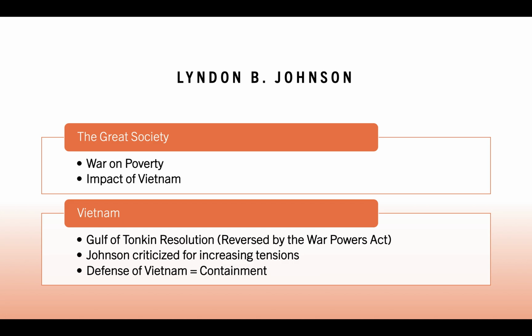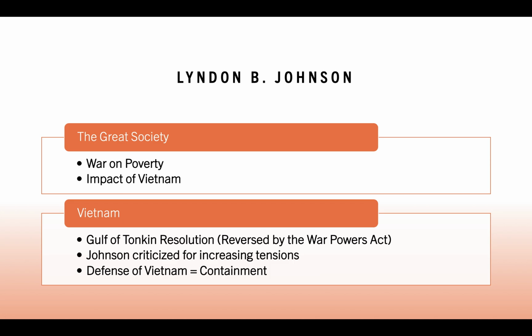One of the reasons that the Great Society does not achieve that war against poverty was because of the war in Vietnam. The war is going to be very expensive in Vietnam and pulls away from the funding for the programs that Johnson wanted to use to get rid of poverty.